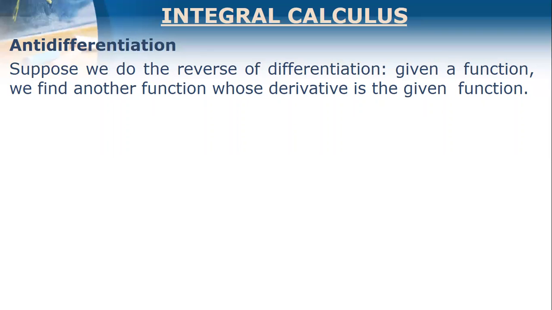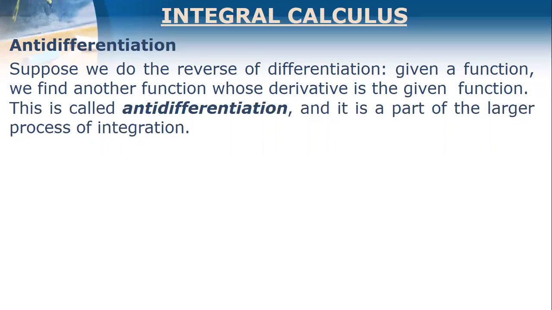And then we think of another function na ang derivative niya is the given function. Okay. So, we'll have a sample problem about this later. Now, this is called anti-differentiation, and it is part of the larger process of integration.